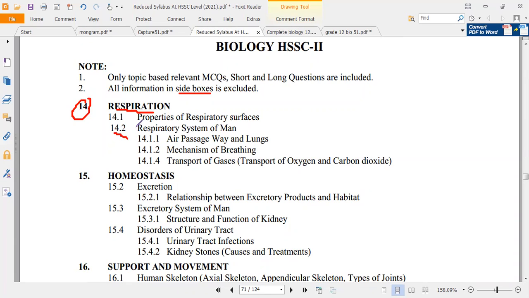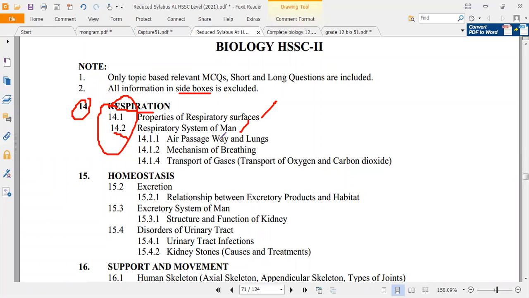So you don't get confused by these numbers, but you have to just focus on the topics which are given here in the reduced syllabus. That is almost very clear. In some points there is confusion.